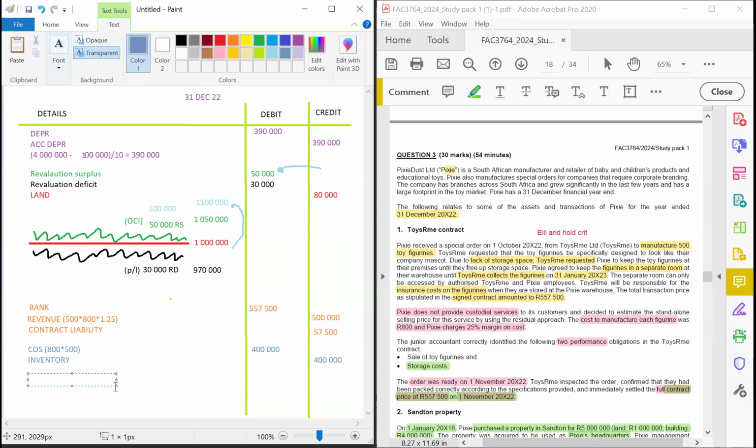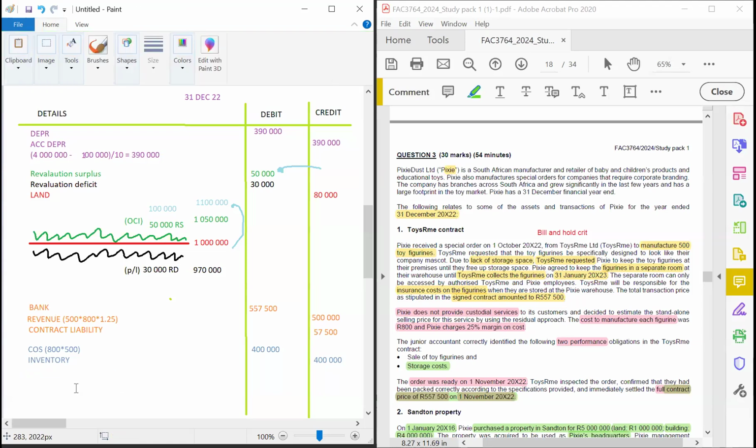what we are now going to do, right? Remember, this performance obligation of the storage cost is not the sale of the toys. So this storage cost, we are going to recognize over time, right? Because every month we are going to keep these toys. So this storage cost, we are going to charge until the customer collects the toys on the 31st of January 2023, which means it is 3 months from the date of purchase, right?